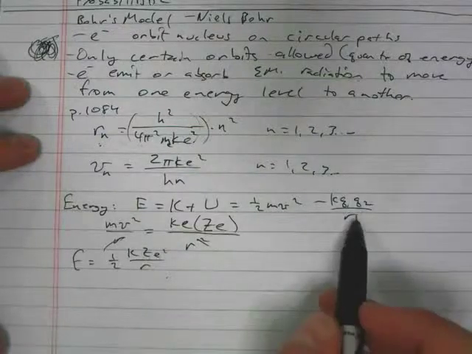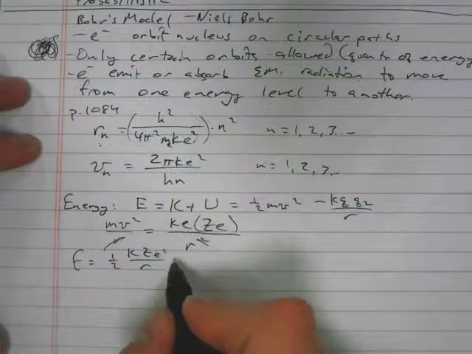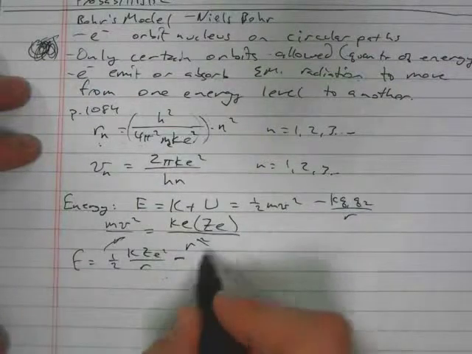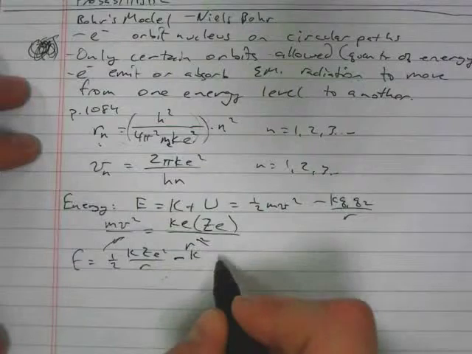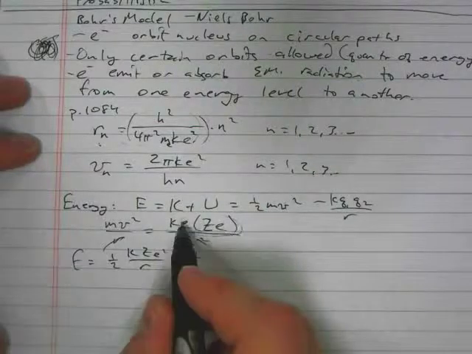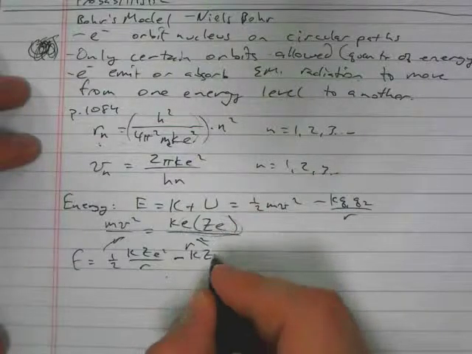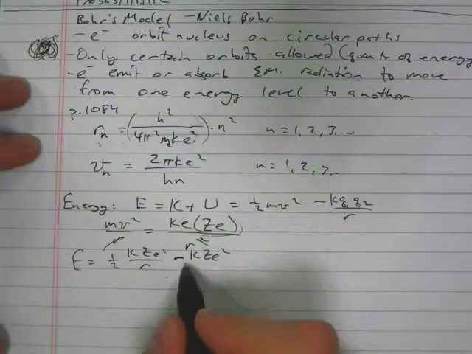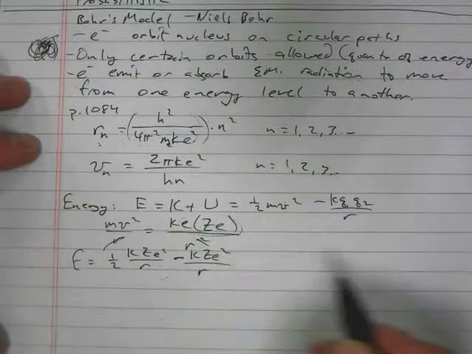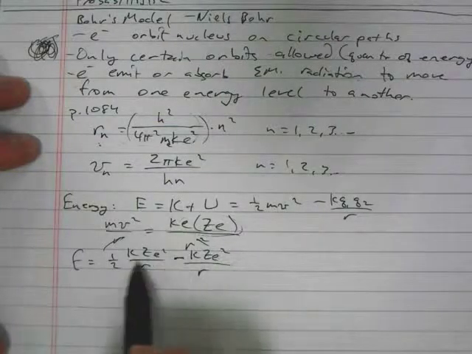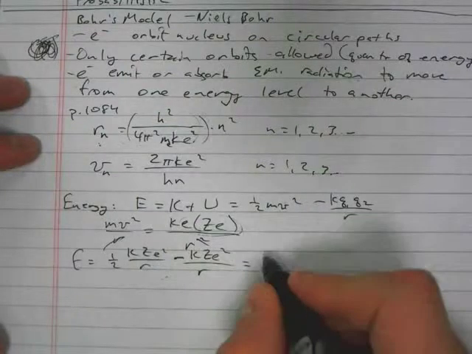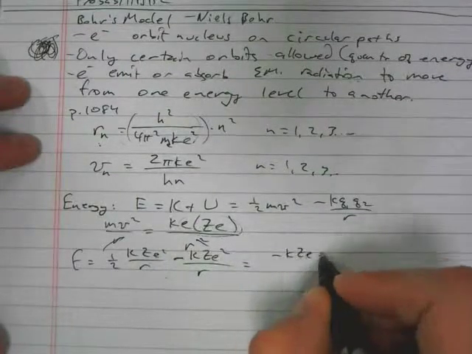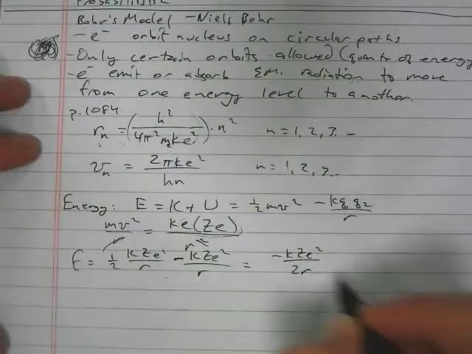Meanwhile, k q1 times q2 we've already established is Z e squared over r. And these are the same thing, just with a factor of 2, so the energy is minus k Z e squared over 2r.